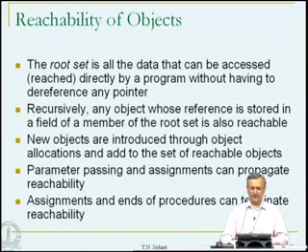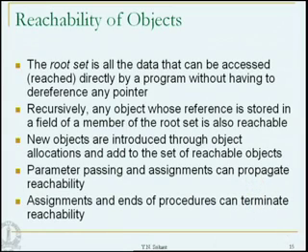Assignments and ends of procedures can terminate reachability. If I have A equal to B, both are pointers, whatever was pointed to by A is now destroyed, now B is copied to A. From now on that variable A points to whatever B points to.